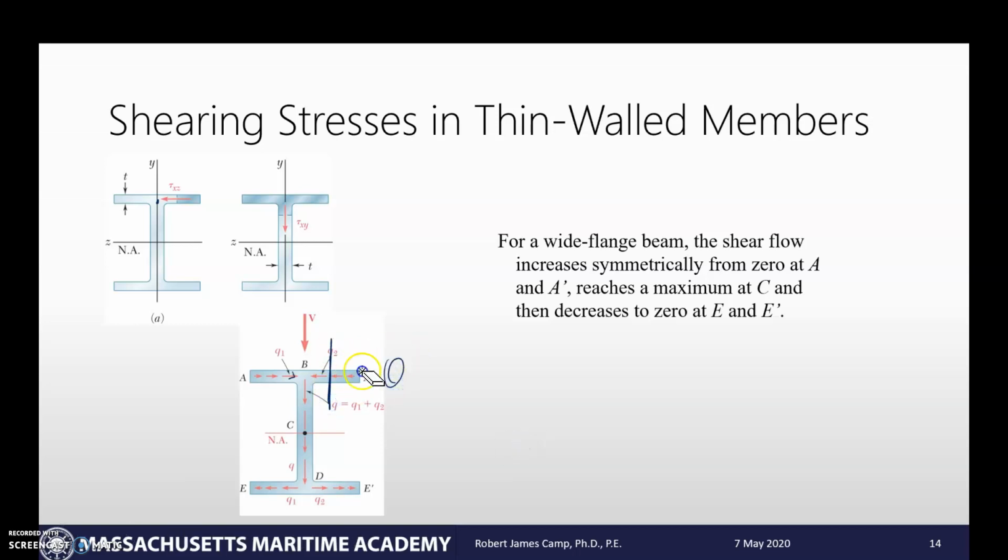Once you get here, what happens? Well, you can calculate out the shear flow, the shear stress here, because now you've got my Q. And so I can calculate out my Y bar prime. And from here, I've got my area, and so then I can calculate out my Q. I'm sorry, I'm erasing all that.